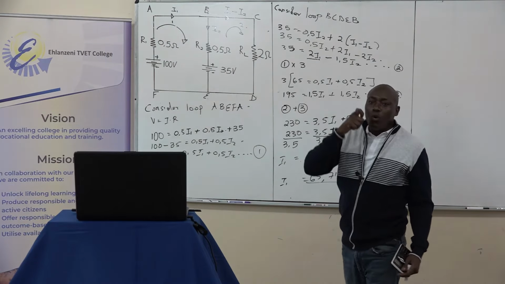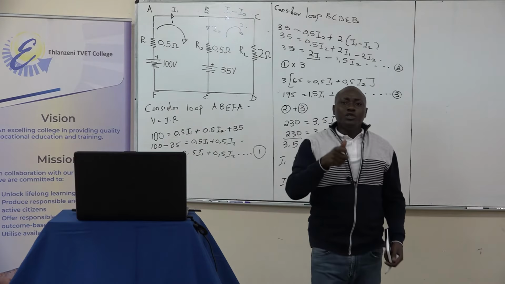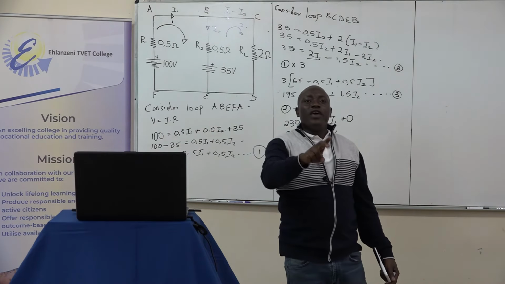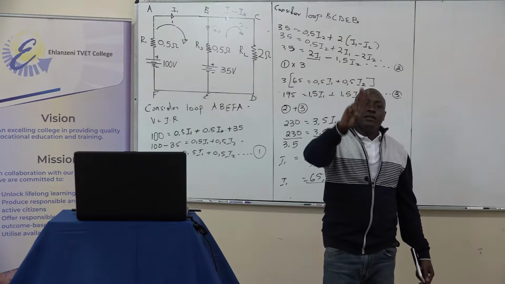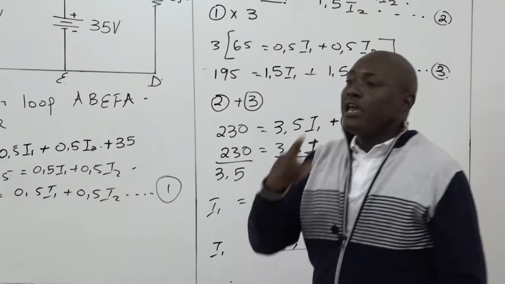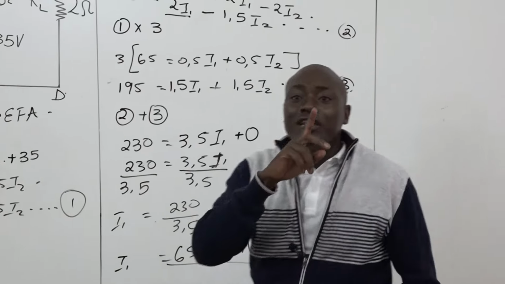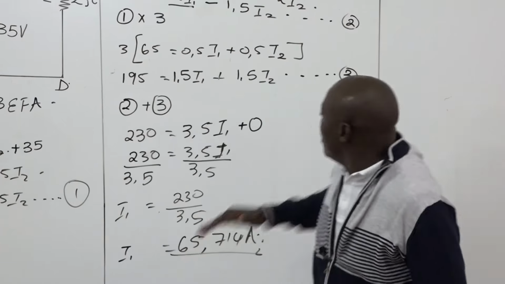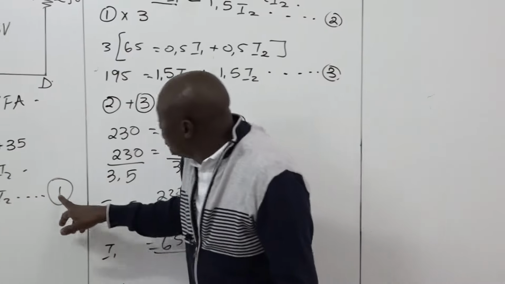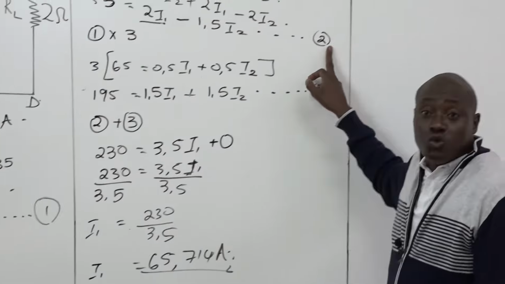What is going to happen is, you are going to select one of the original equations. The third one is not an original because we used that to balance the equation. So the original equations are equation 1 and equation 2.